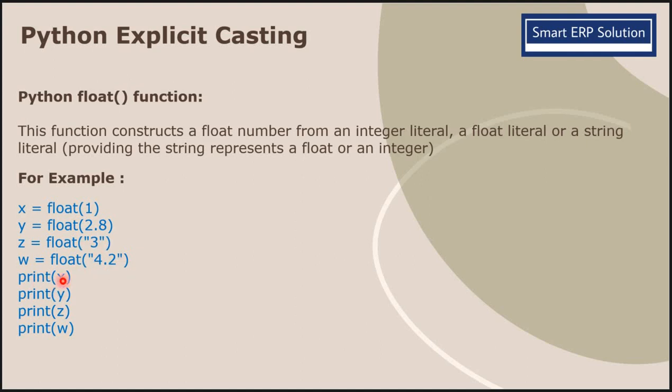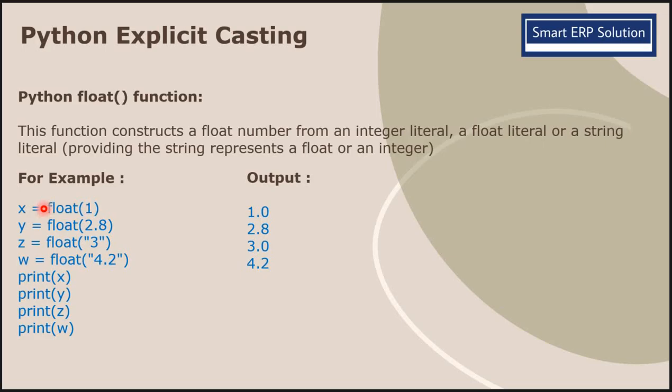If we write print X, print Y, print Z and print W, if we run this program, we will get the following output: 1.0, 2.8, 3.0, 4.2 respectively. For X equal to float 1, 1 is an integer number.